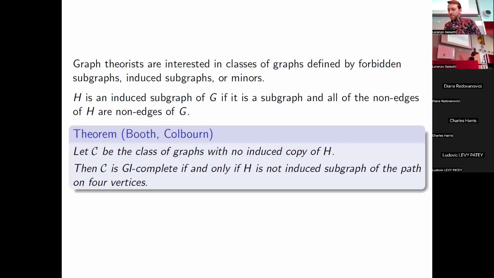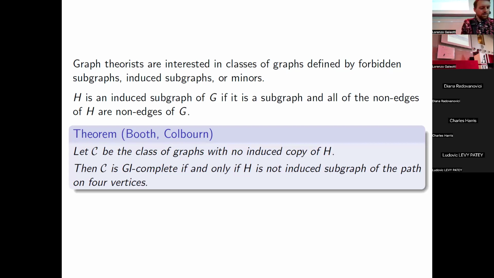There's a theorem that says if I forbid one induced subgraph, so H is the induced subgraph and C is the class of all graphs that don't contain H, then this class is complete for graph isomorphism if and only if H is not the path on 4 vertices. Essentially, the place where behavior changes is whether or not you have an induced copy of this.